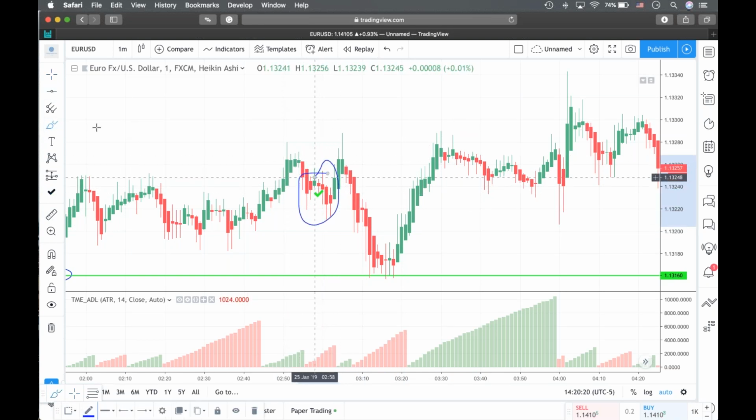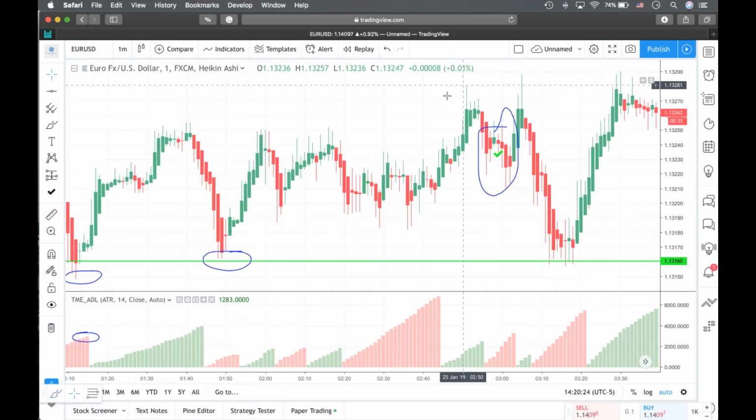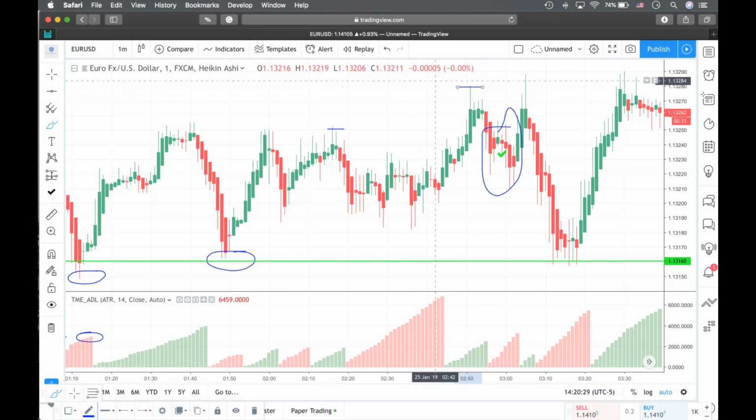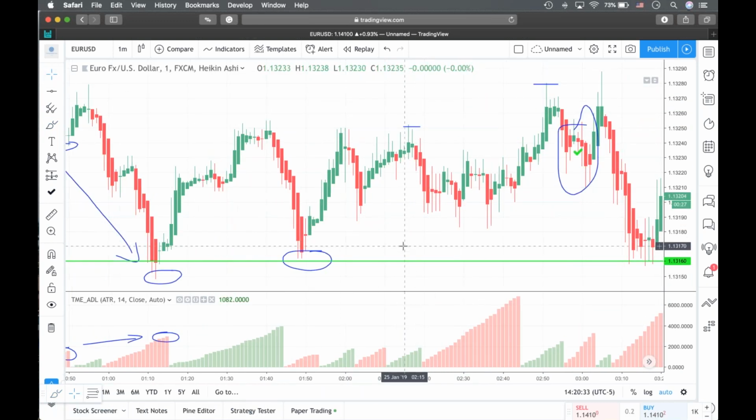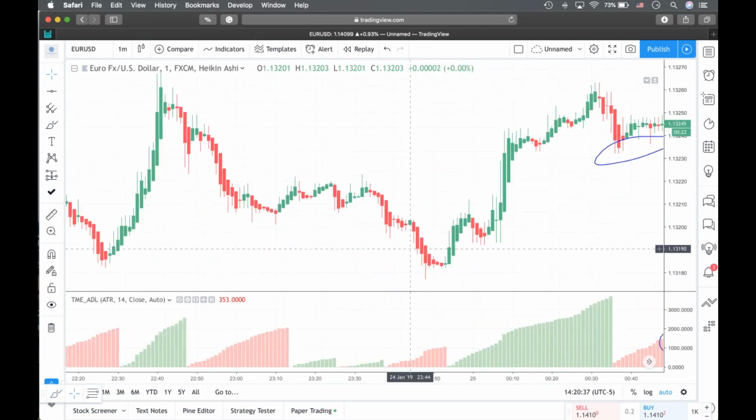Let's see, according to the lines, yep, definitely another win. Don't forget that sometimes, probably here or even here, you would have taken take profit out. But we're trying to eliminate these and focus purely on expiration.